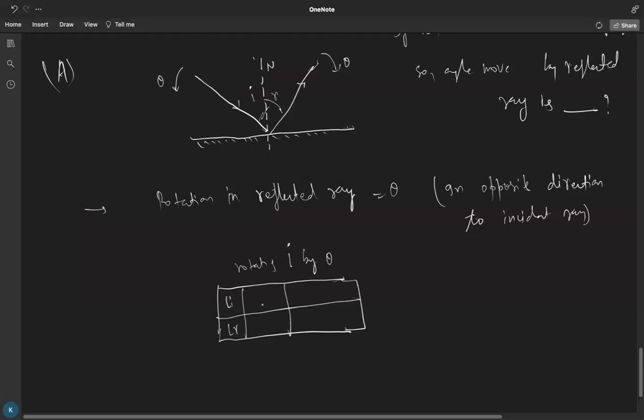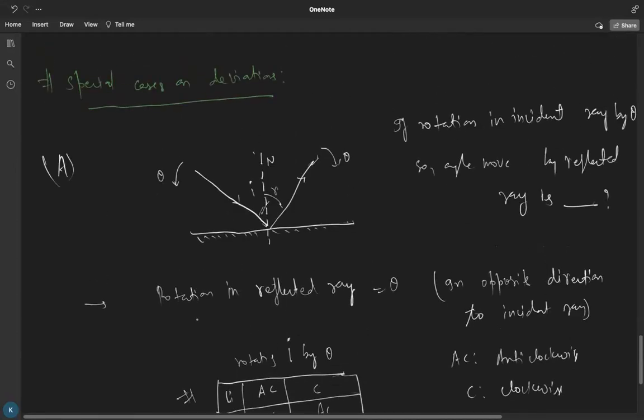If you rotate it in anti-clockwise direction, let me use the abbreviation AC for anti-clockwise and C for clockwise, then the angle of reflection is in clockwise direction. And if you rotate the angle of incidence in clockwise direction by theta, the angle of reflection is rotated in anti-clockwise direction, right? So this table you have to keep in mind.